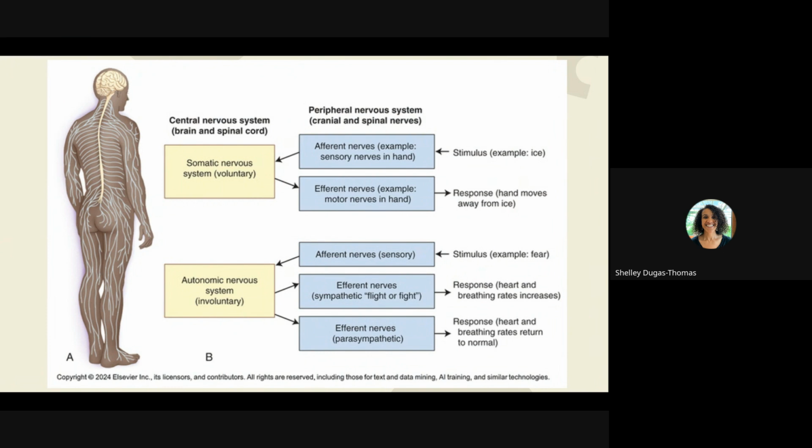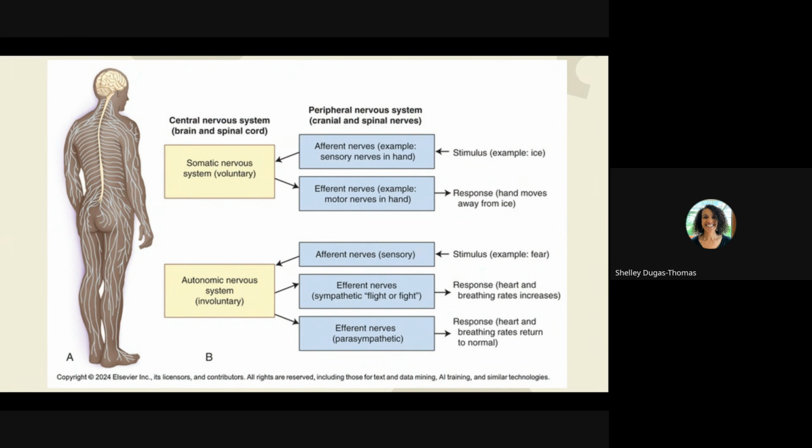A structural split: the central nervous system is the command center, while the peripheral nervous system represents the communication wires running through the rest of the body. Functionally split under the peripheral nervous system, we have the somatic system, voluntary actions like moving your hand, and the autonomic system. These are involuntary actions like your heart beating.